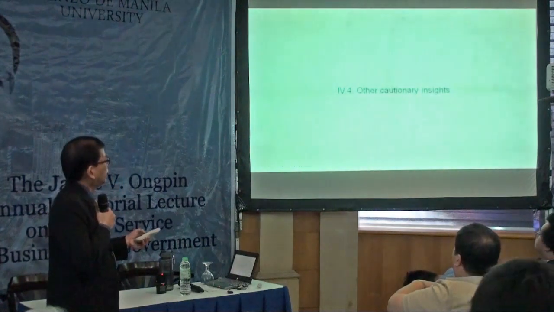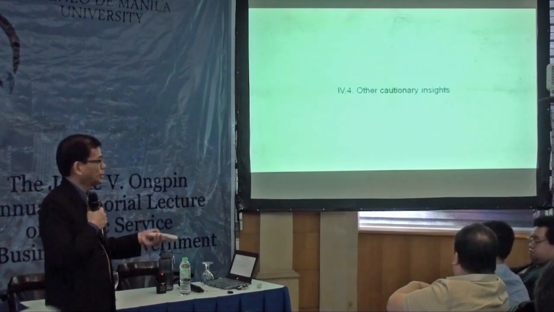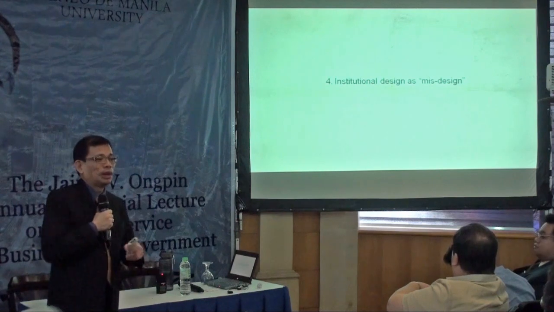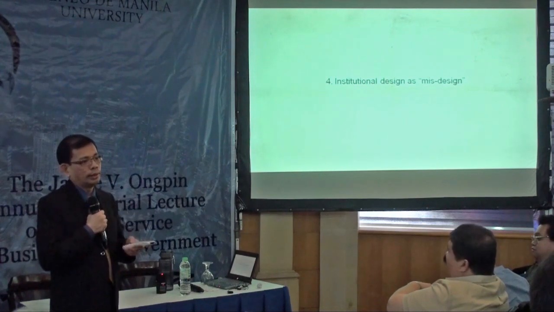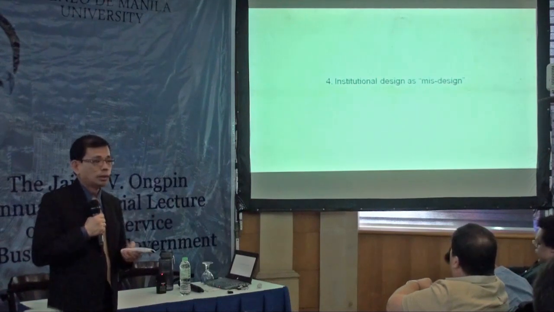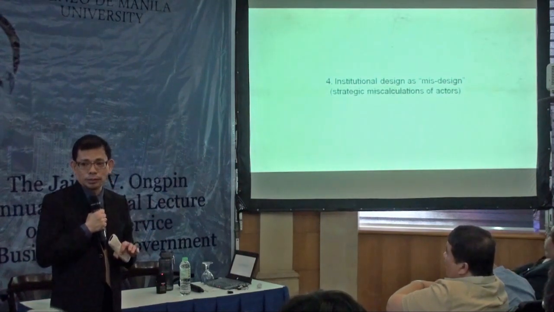We're almost done. The other cautionary insights I've just mentioned, I will not discuss, promise. Okay. Very important, for those who are interested in institutional design as misdesign, which is very well known in the literature as strategic miscalculation of actors.